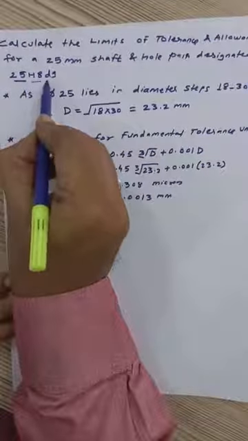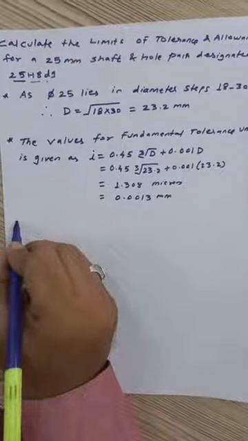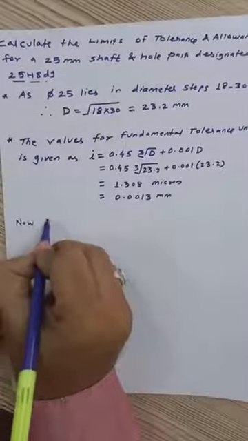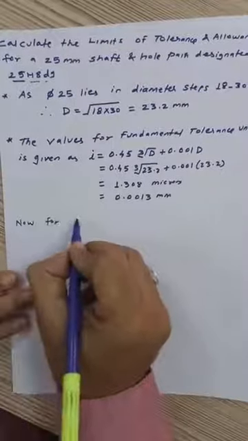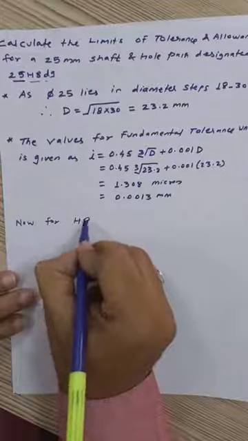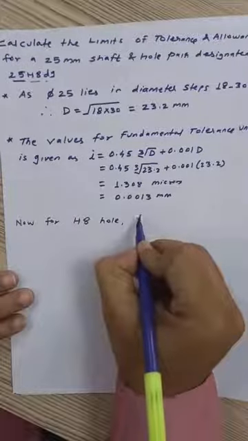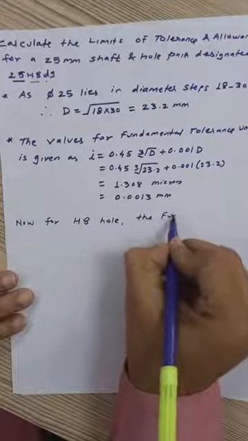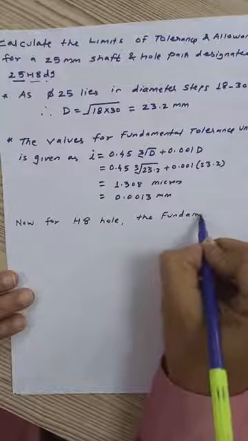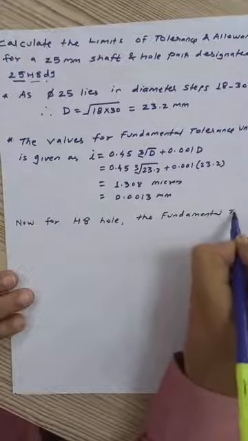Now we know that H8 and D9 are given. So for the H8 hole, we have to find out the fundamental tolerance.